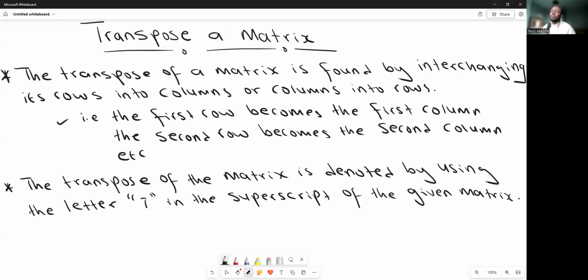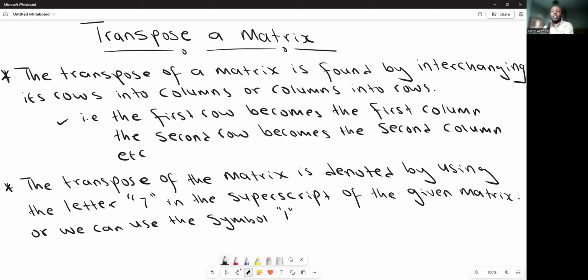Or some people use something that looks like a 1, so we can also use the symbol 1, or prime. Some people call it prime, some people call it 1.